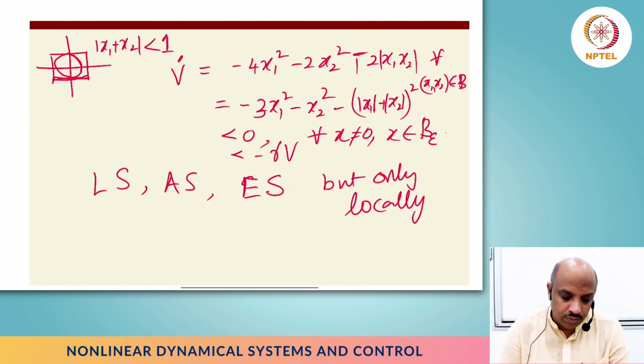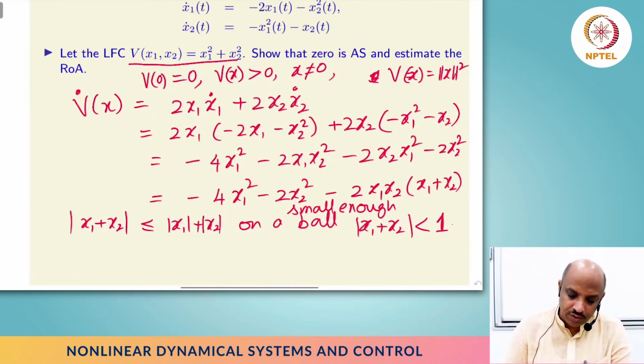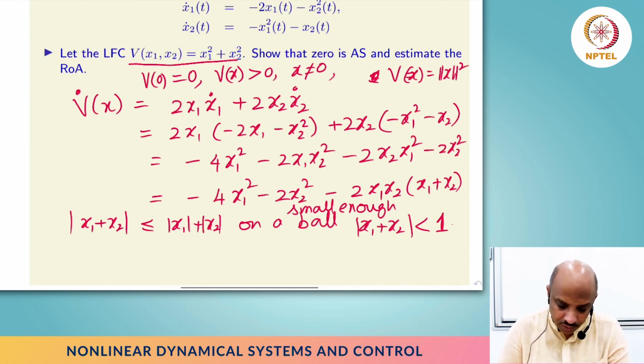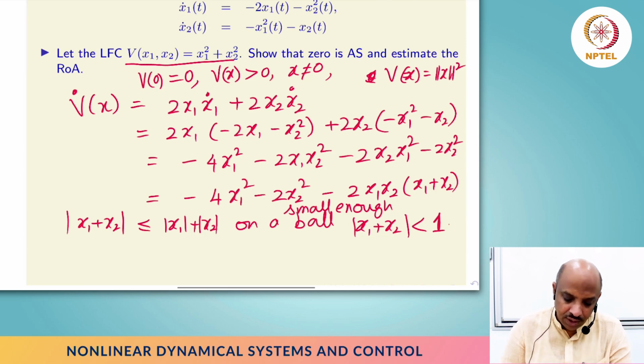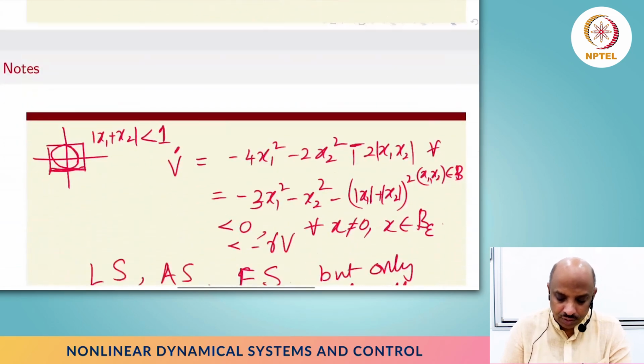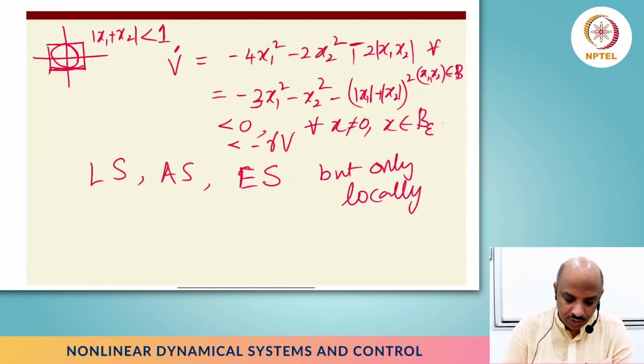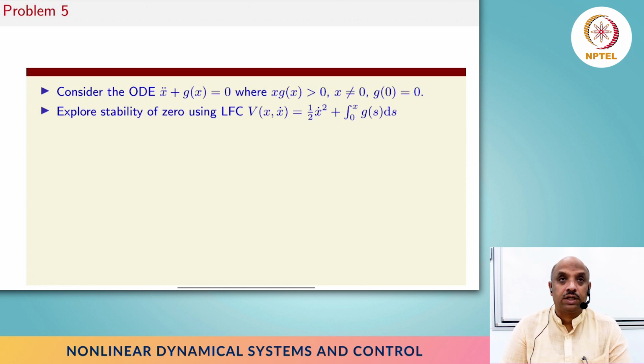So we have these nonlinear, non-quadratic terms that could initially be confusing, but then we took some kind of factorization and showed that it can be bounded by some number, and therefore we can conclude all the nice things about stability of this particular zero solution.